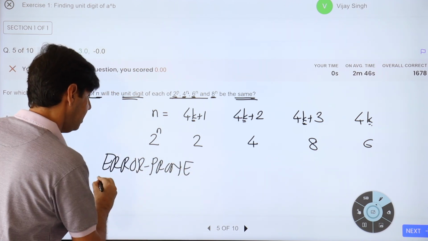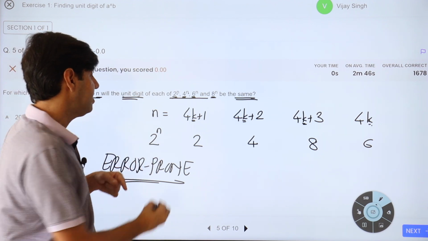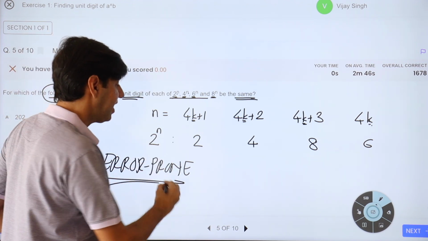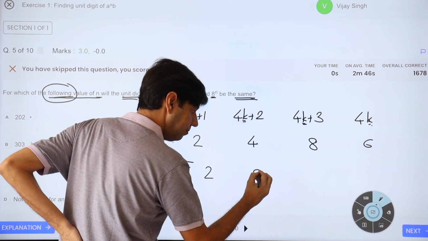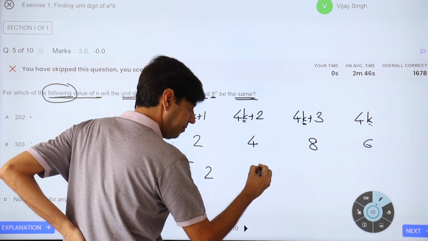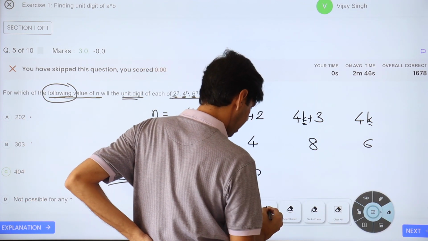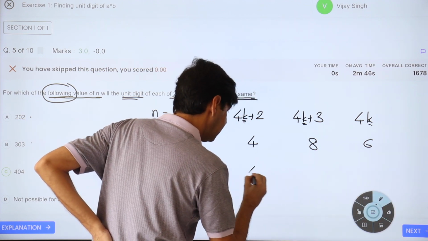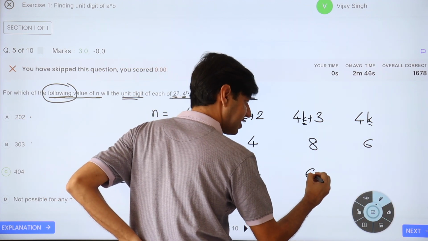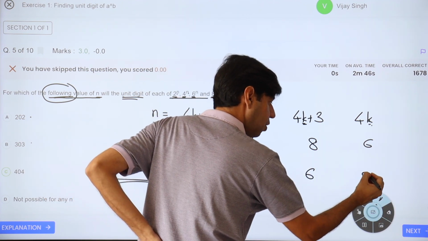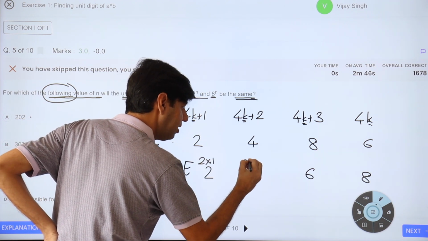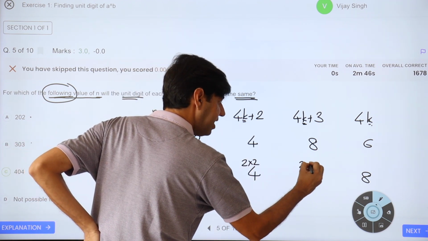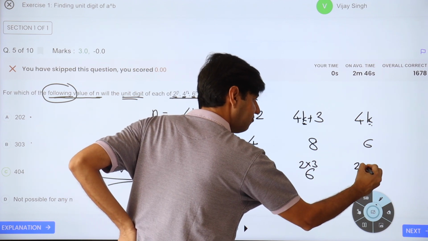When you find this cycle, many times students do 2, 2 2s are 4, so that 4 is okay. Till the time you reach a 4, everything is good. But then they do 2 3s are 6, 2 4s are 8. So what is happening is, in their mind they are doing 2 1s are 2, 2 into 2 is 4, 2 into 3 is 6 and 2 into 4 is 8.